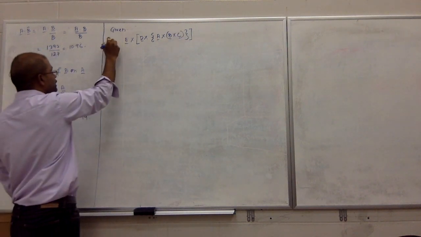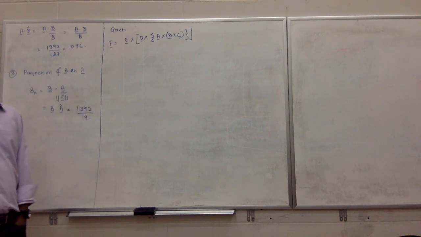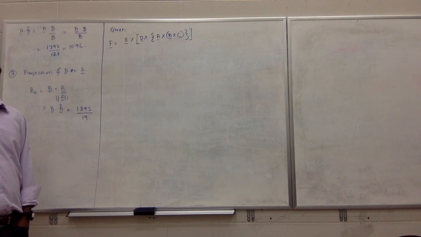Can you express this as a dot product using the BAC minus CAB rule?